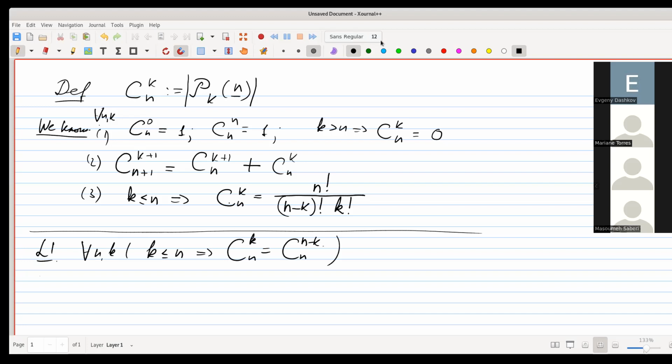Why is it so? Just put the values in the formula that we already proved. That's possible, but do we have a combinatorial proof or a double counting proof?